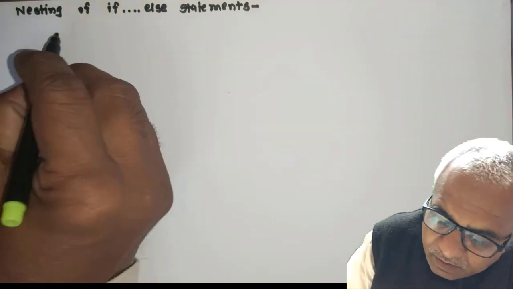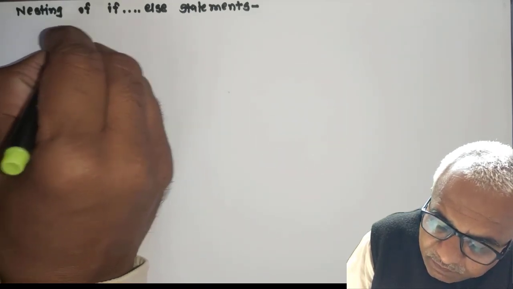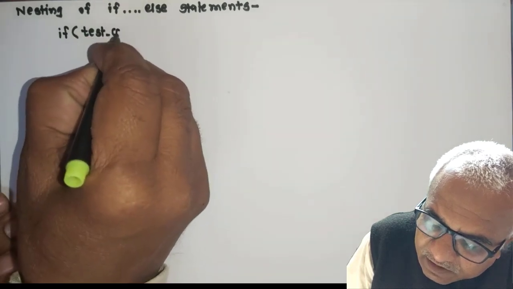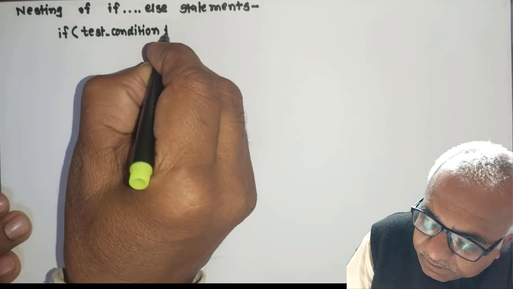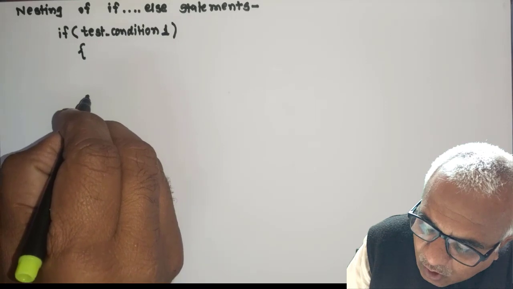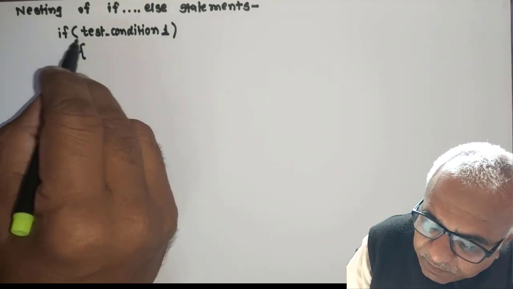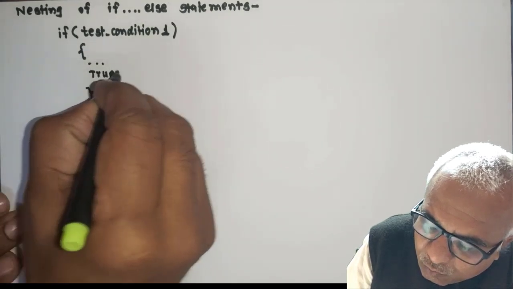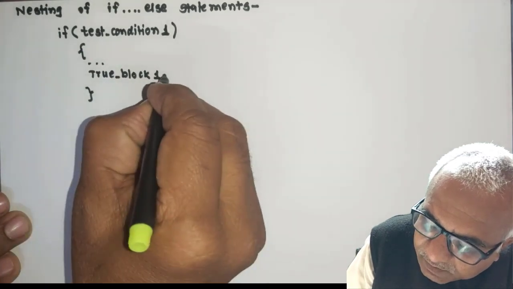For example, we may come across a situation like this. If test condition 1, this is the true block of this if statement, true block 1.